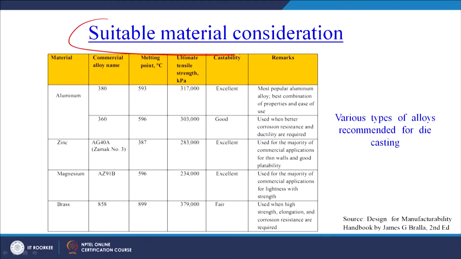The first thing is suitable material consideration. First we have to select a process. If you remember, in the very first week of our discussion we talked about manufacturing. In the second week we talked about materials, and then in the current week, session number 16 and session number 17, we discussed selection of processes based on different attributes, and we saw different types of charts.